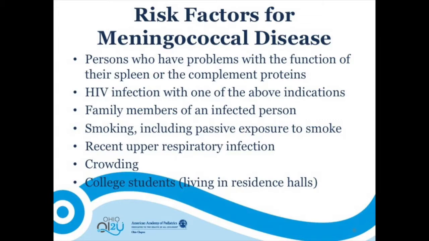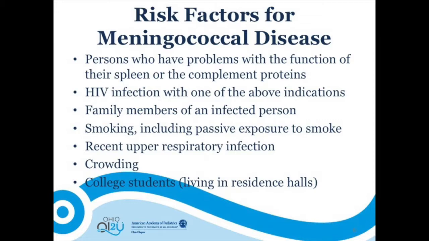Family members of an infected person are at risk for acquiring meningococcus because the bacteria is transmitted by the nose and throat secretions of people who have the bacteria in these locations. Smoking is also a risk factor, including passive exposure to smoke. Recent upper respiratory infections are another, because the cold virus causes inflammation in the nose and throat, and if the meningococcus happens to be there, that helps it penetrate the nasopharyngeal mucosal cells and enter the blood.